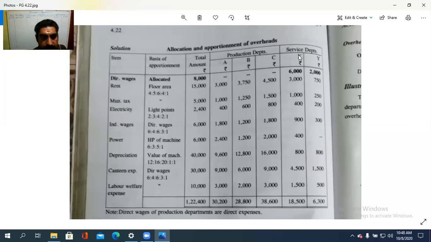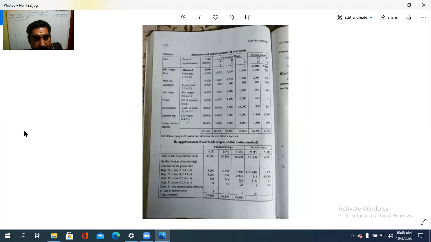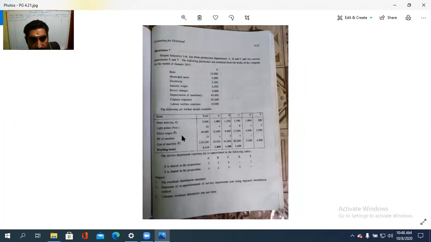Then rent. On what basis? Floor space or floor area, isn't it? In the question, floor area is given as 1 : 1.25 : 1.5 : 1000 : 250, total 5000.